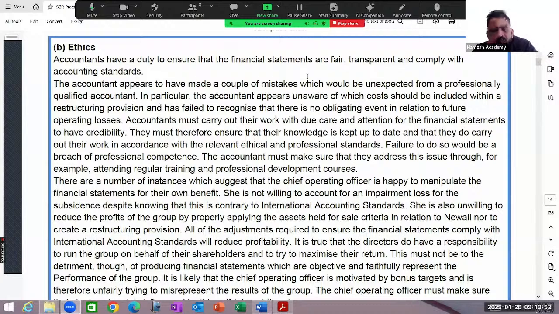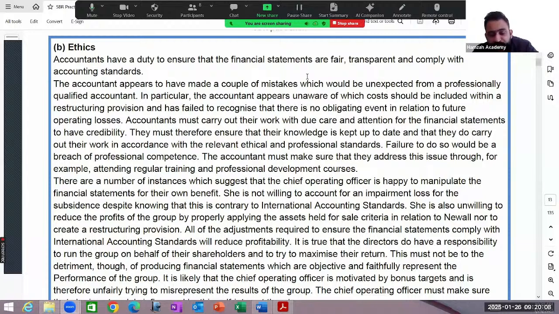Number one, the accountant should be aware that future operating costs should not be included in a restructuring provision.